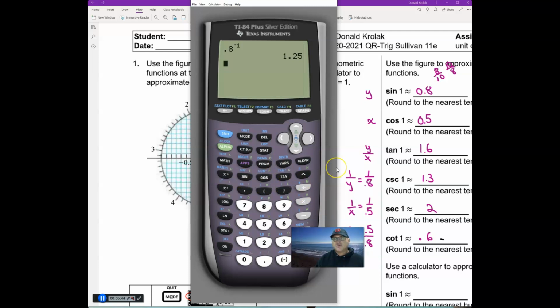So that's another way of getting reciprocals. The reciprocal of 5/10, 0.5, reciprocal key, and I get 2.